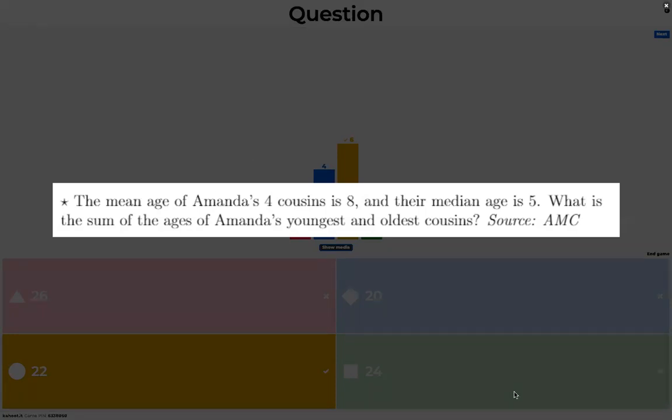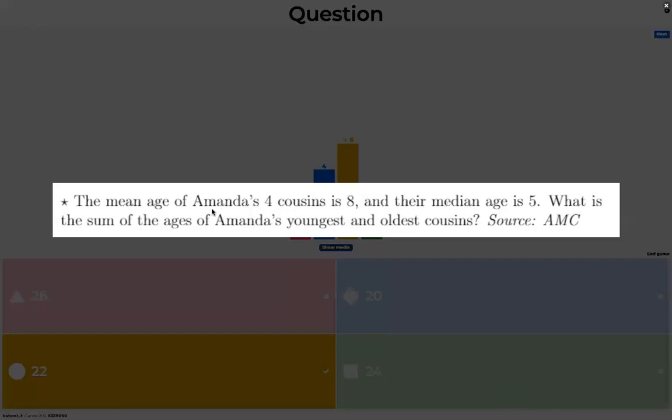If not, the thing with median is that Amanda has 4 cousins, which is an even number. So the median age is the average of the 2 middle numbers. That means if the average is 5, the sum of the 2 middle numbers would be 5 times 2 equals 10.